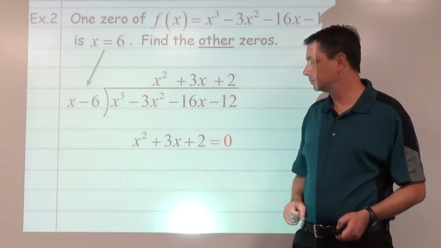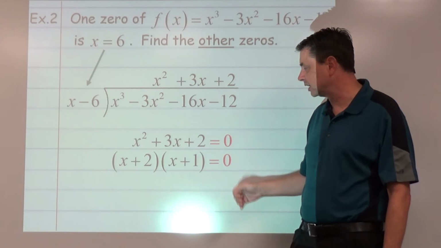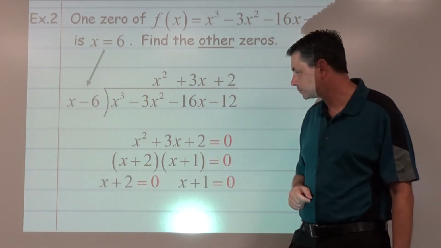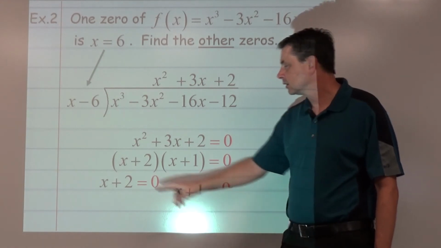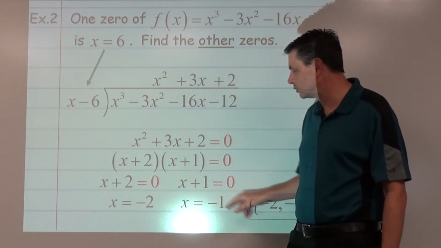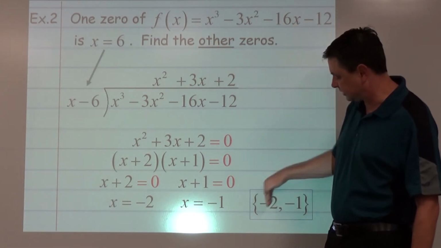Let's try factoring. So it does become x plus 2 times x plus 1. Split them up, set them equal to 0, and solve them. x equals negative 2, x equals negative 1. Those are the other zeros.